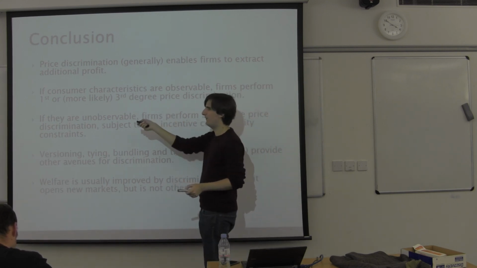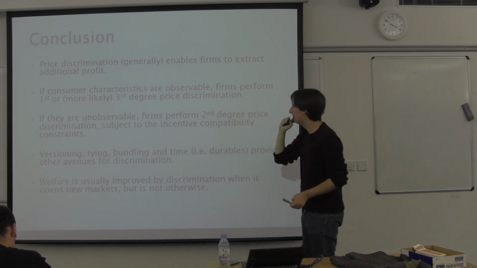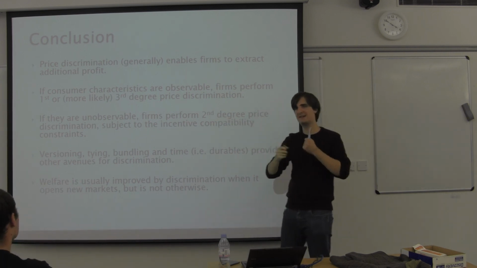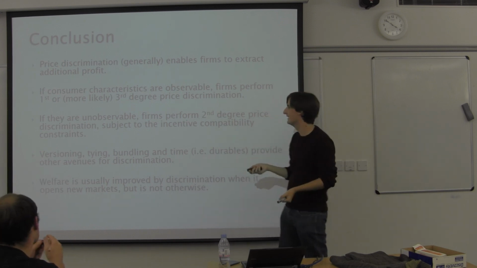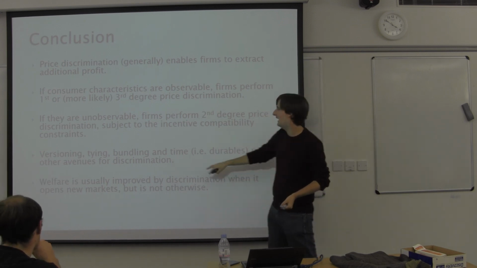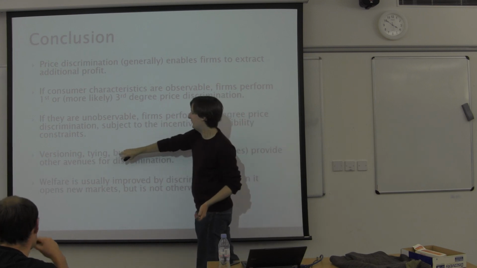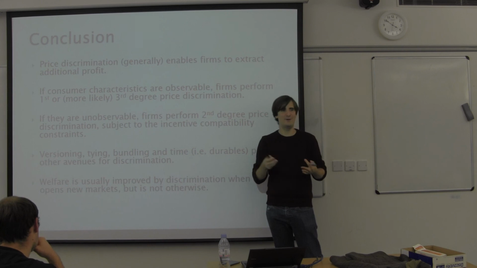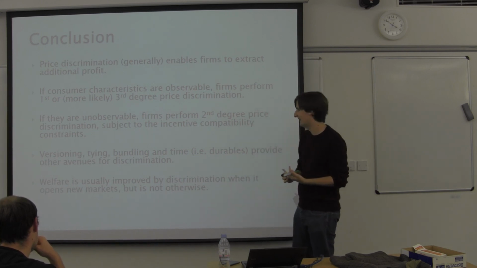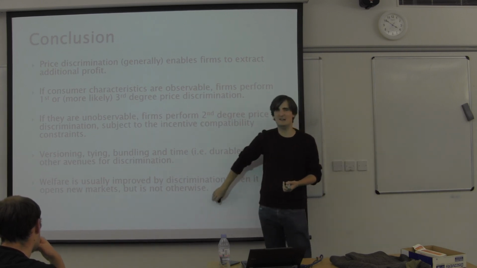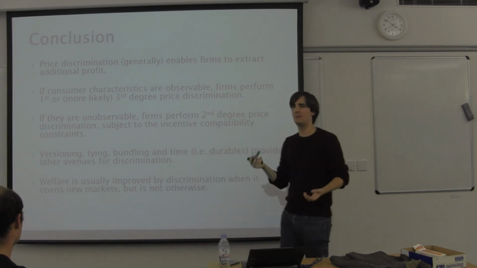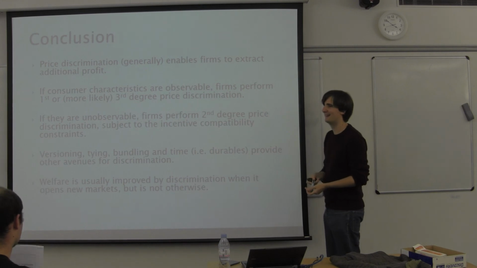If they're unobservable, they perform second degree price discrimination and get consumers to self-select between the different bundles. And for various other things, versioning, tying, bundling, also give ways for firms to discriminate. And the key condition for an improvement in welfare is that the discrimination is opening new markets, increasing output.